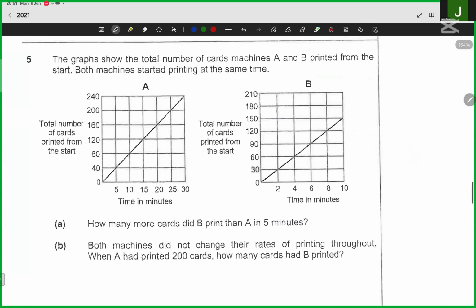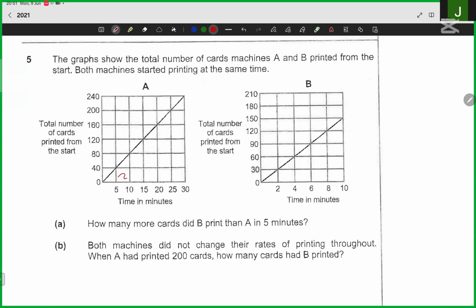Okay, this one is a rate question. Graph shows the total number of cards machines A and B printed from the start. Both machines started printing at the same time. How many more cards did B print than A in 5 minutes?